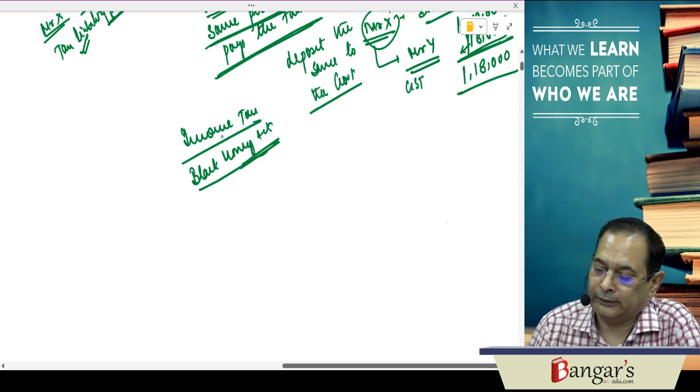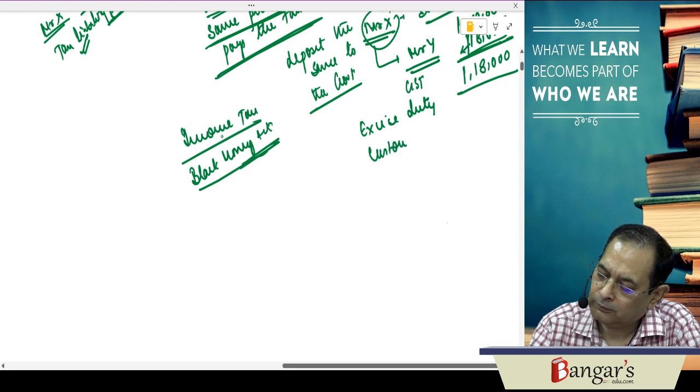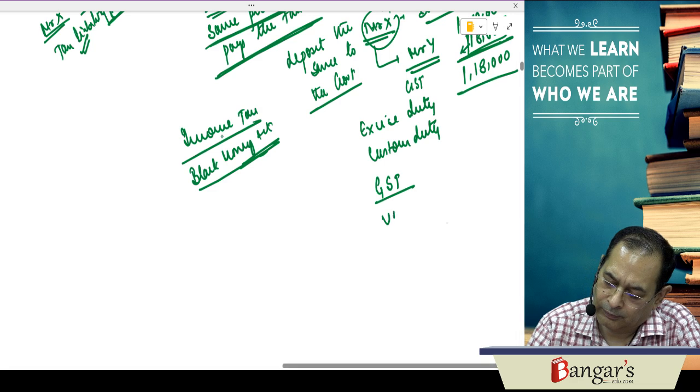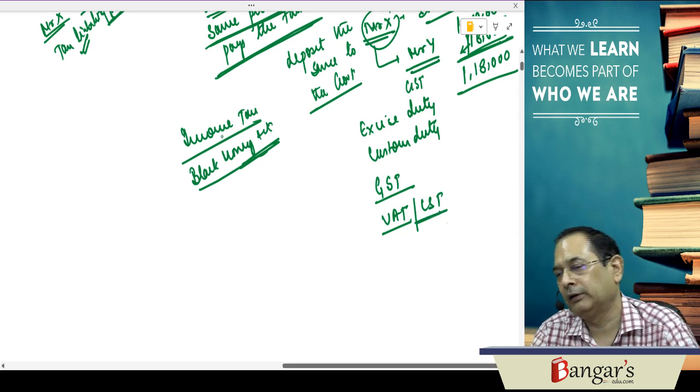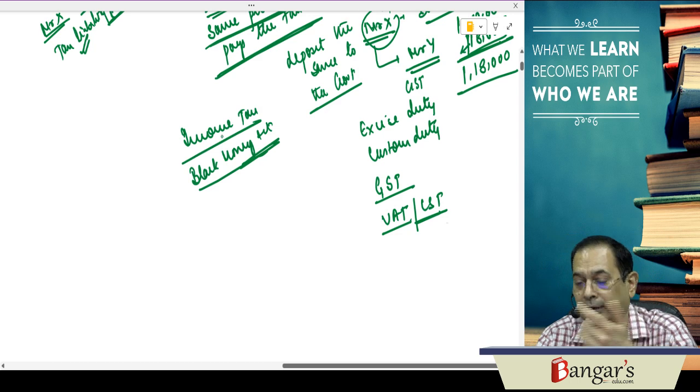Whereas indirect taxes like excise duty, custom duty levied on importation, GST, goods and services tax, and in some cases value added tax or central sales tax are levied. These are taxes on goods and services. They are indirect taxes.